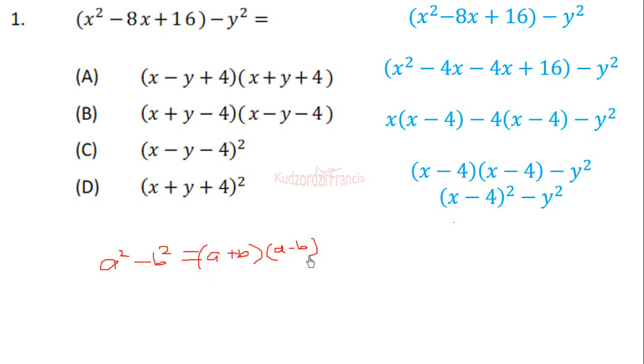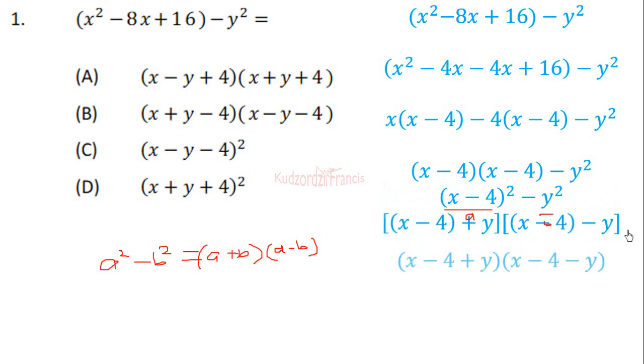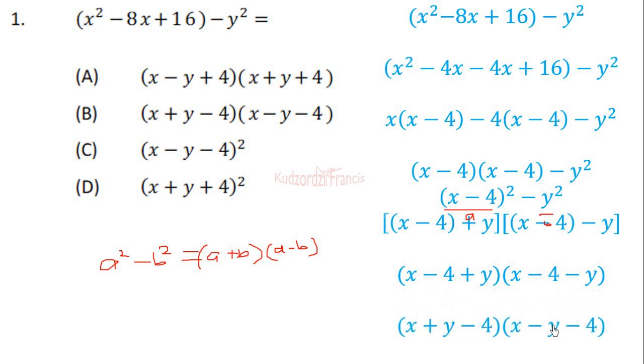So we apply this property where we use a to represent all this. So the whole of this is a and this is b. So when you apply that property, we get something like this: x minus 4 plus y, and x minus 4 minus y. So this will give us something like this, and when we rearrange, we get this. Therefore, the correct option will be B.